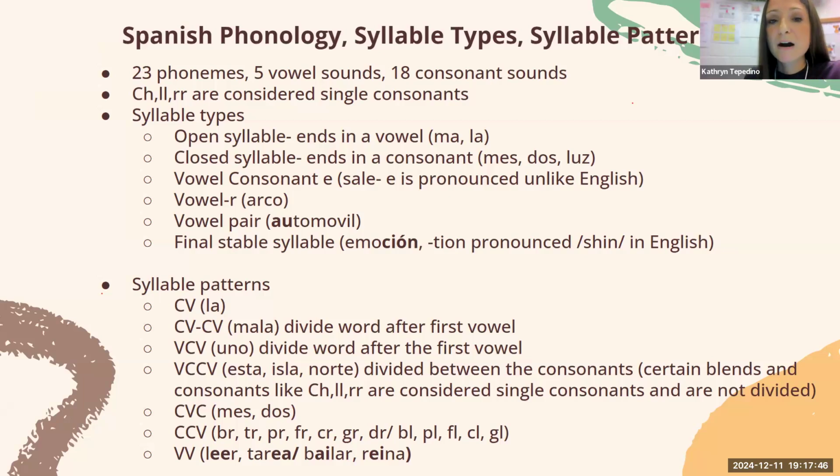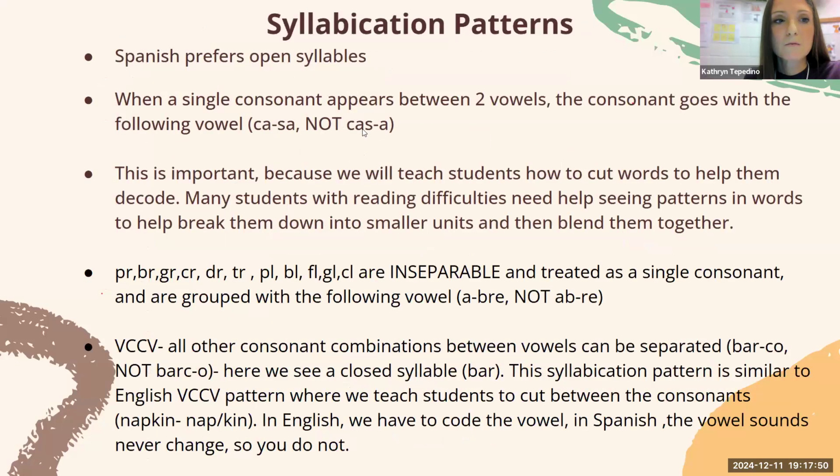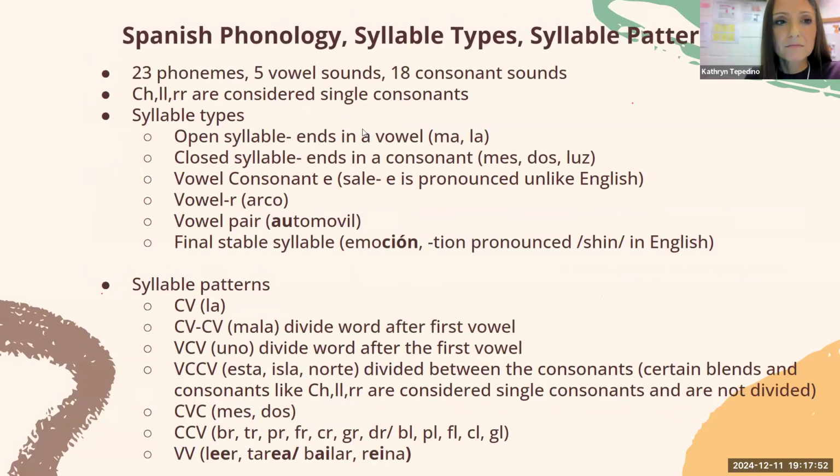So we have 5 vowel sounds, 23 phonemes. We have the CH, double L, and double R. They are considered single consonants when we divide words. So if you divide a word with an RR in the middle, the RR stays together.